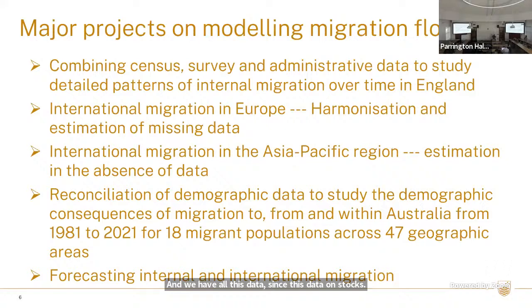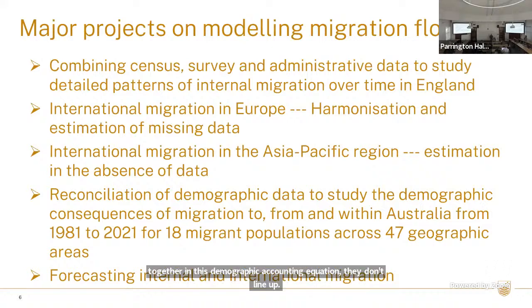And so we tracked 18 different migrant populations and all their demographic components of change across geographic areas from 1981 to 2021. Part of the project was to make the data consistent, because when you put all the numbers together in this demographic accounting equation, they don't line up. So we developed some methods to make it line up. And then we had other problems, like the geographic areas changed over time and so on.